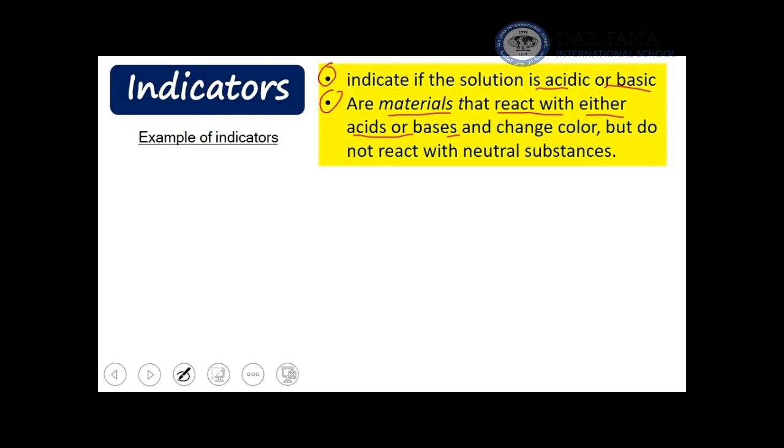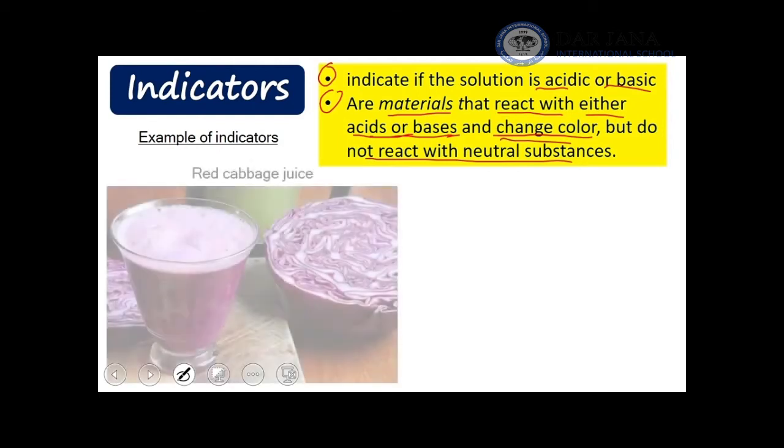So they react with either acids or bases and change color, which is a sign of a chemical reaction, right? But they do not react with neutral substances such as water. Okay, so these indicators are chemical materials that react either with acids or bases, and they change color accordingly.